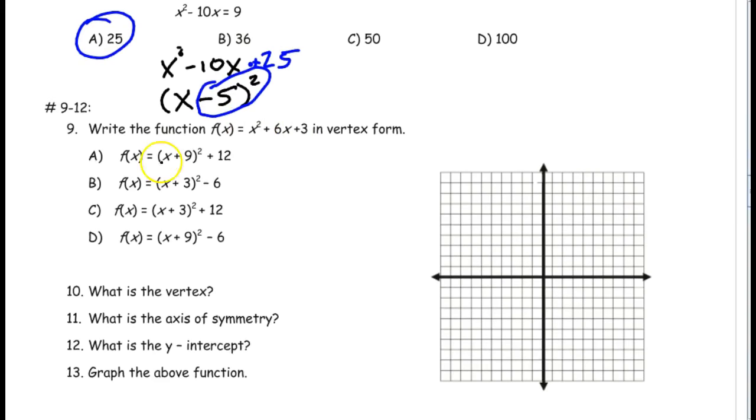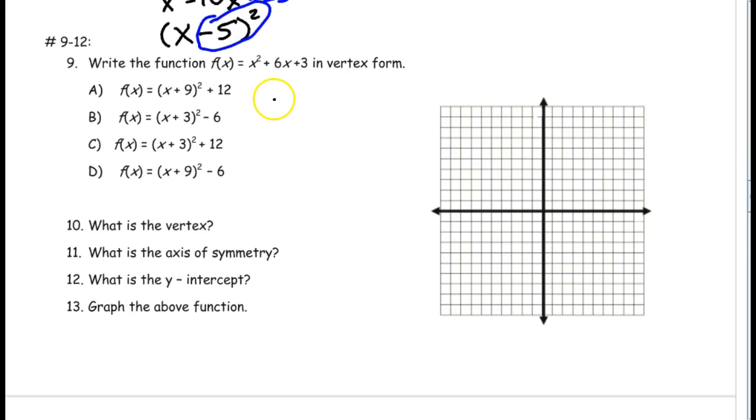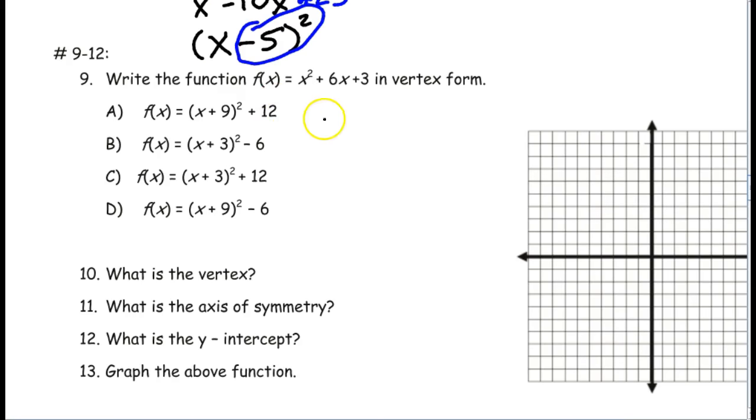Okay. Write the function right here in vertex form. All right, so we got to go through and do a little bit of work here. Bigger. All right. So let's walk all the way through translating the vertex form. Okay. I'll leave this little space here. Okay. So again, set it up this way.